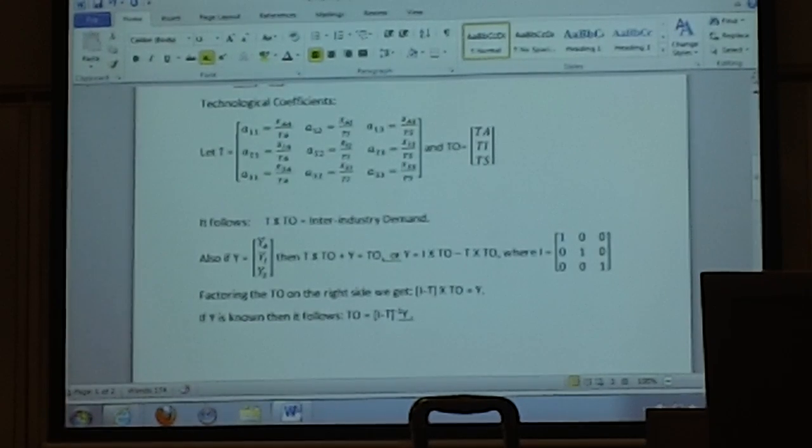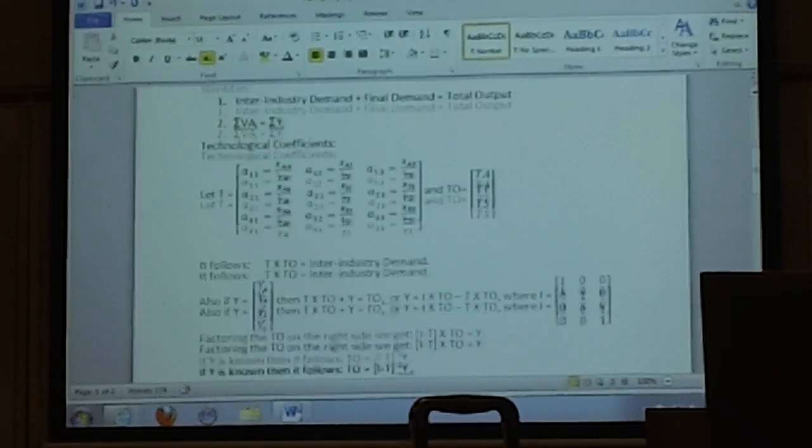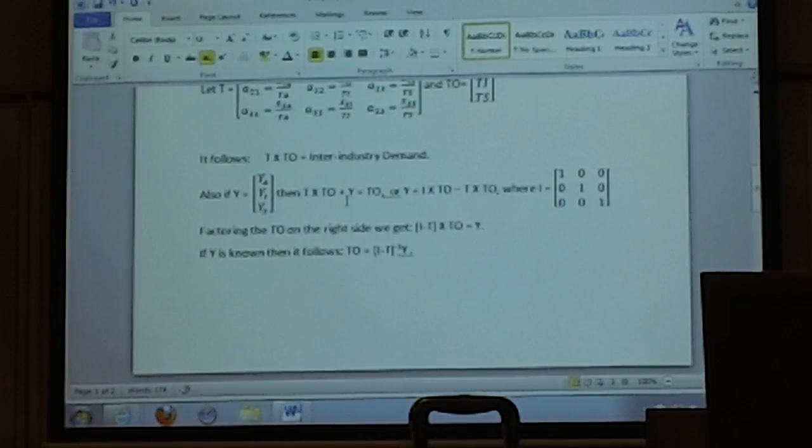So if we take this vector and multiply it by this, T times T sub 0, you'll get a string of equations, three unknowns, which represent these numbers up here. And if you add those to the final demand, we get the total output.